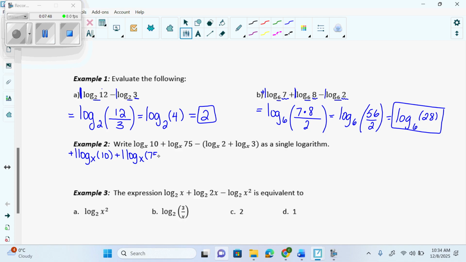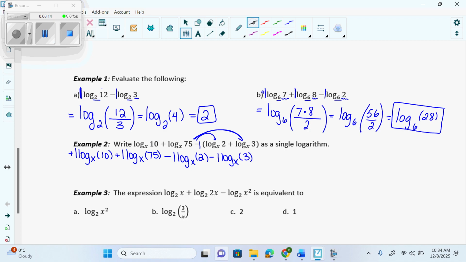What do I have to do with this minus 1 in a bracket? What do you distribute? So you distribute it to here and to here. So I'm going to get minus 1 log base x of 2. Then I distribute that in, and then I'm going to get minus 1 log base x of 3.